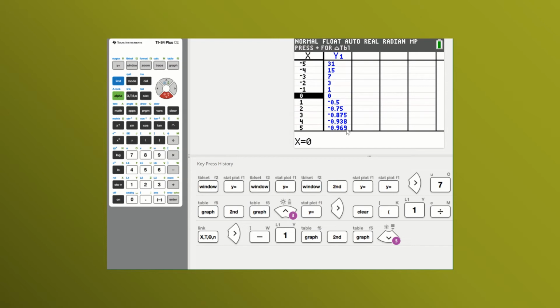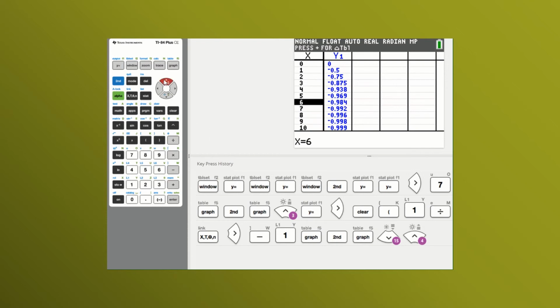That's getting closer to negative 1, but it's not negative 1. Let's go down. We'll look at a few more. When x is equal to 10, we see that y is equal to negative 0.999. We're getting really, really close to negative 1, but it's not ever going to equal or go below.